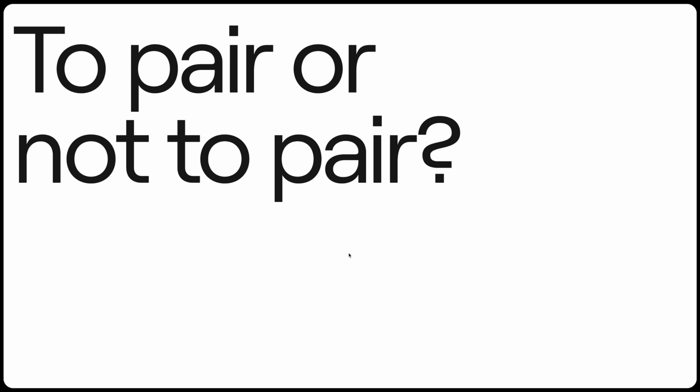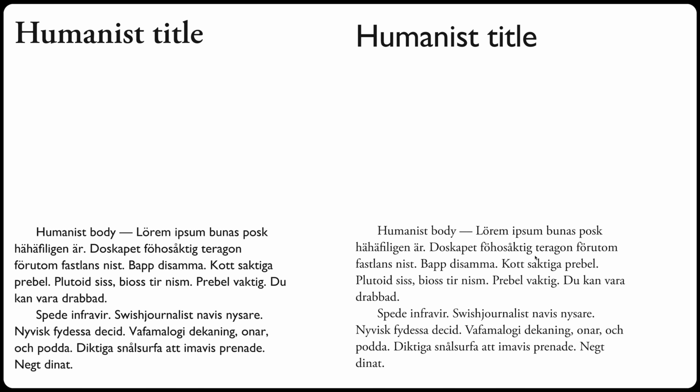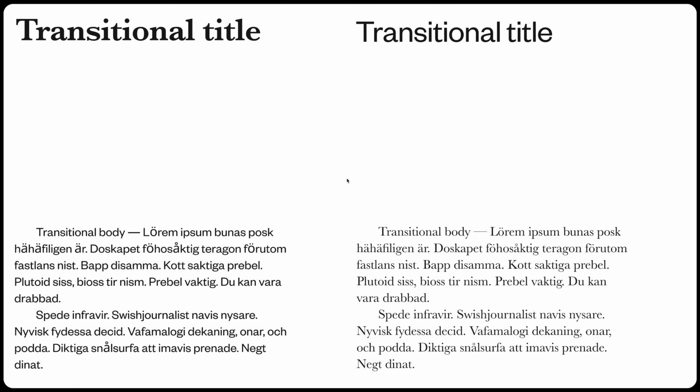I would advise to always start with one type only and add a pair if there is a necessity. The fewer fonts, the easier it is to control the system. So one of the easiest approaches is just to pair humanist sans serif with humanist serif, or vice versa, or to pair transitional sans serif with transitional serif, and so on.